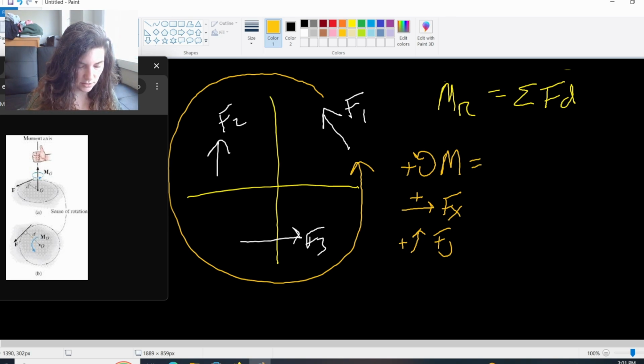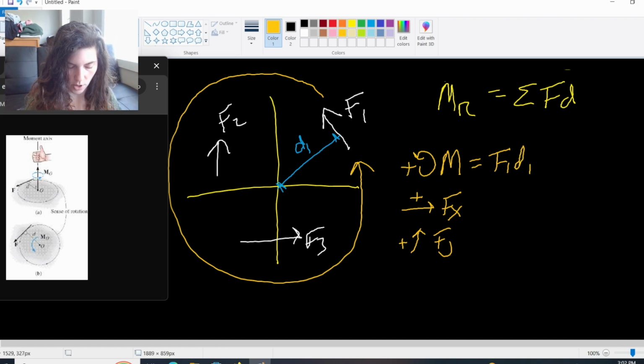And in this case, it would be F1 times the distance from the point we're interested in, right? It's about the origin, we're assuming. D1. So moment F1 times D1. And then notice F2 is going in the opposite direction, right?